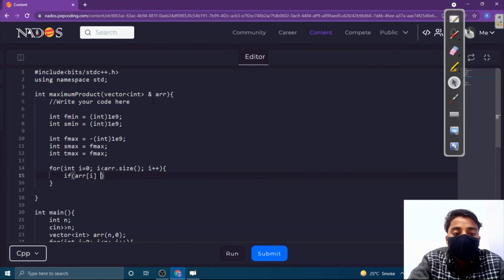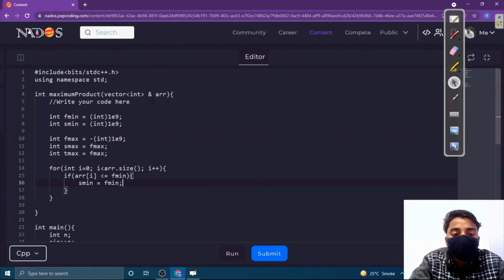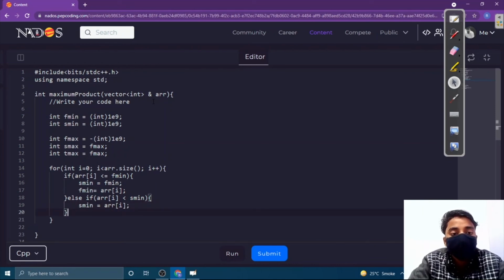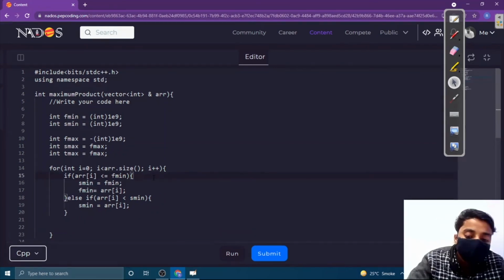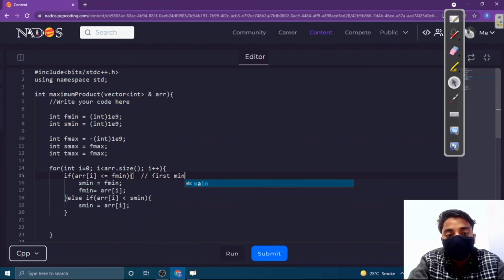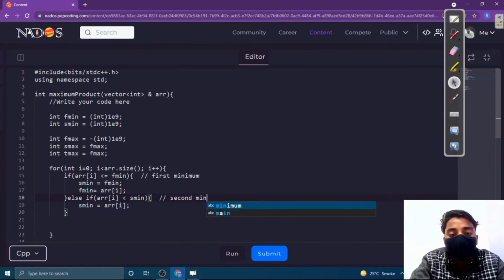If array at I is smaller than or equal to the first min, we need to update the second min by the first min, then the first min will be updated by array at I. Else if array at I is smaller than the second min, the second min will be updated by array at I. So this will update the first minimum value, and this will update the second minimum value.